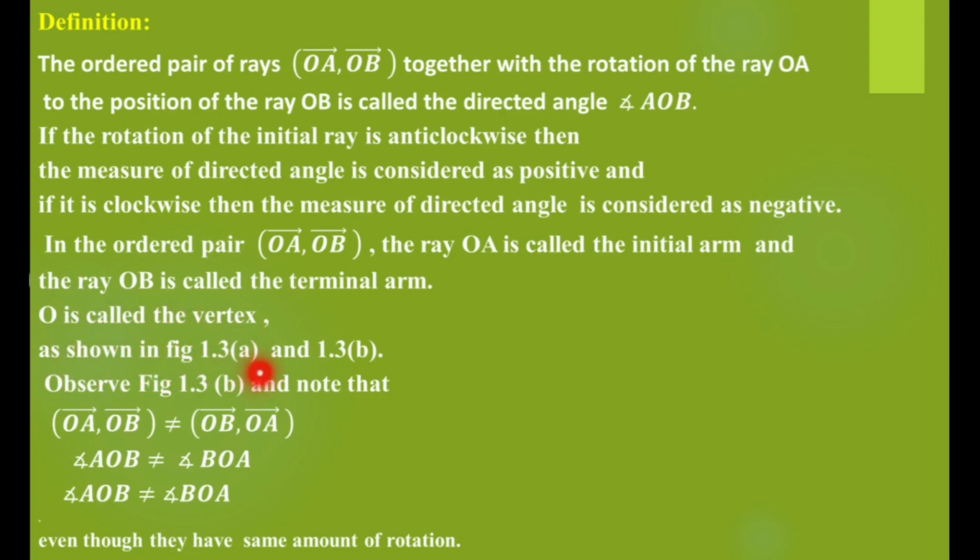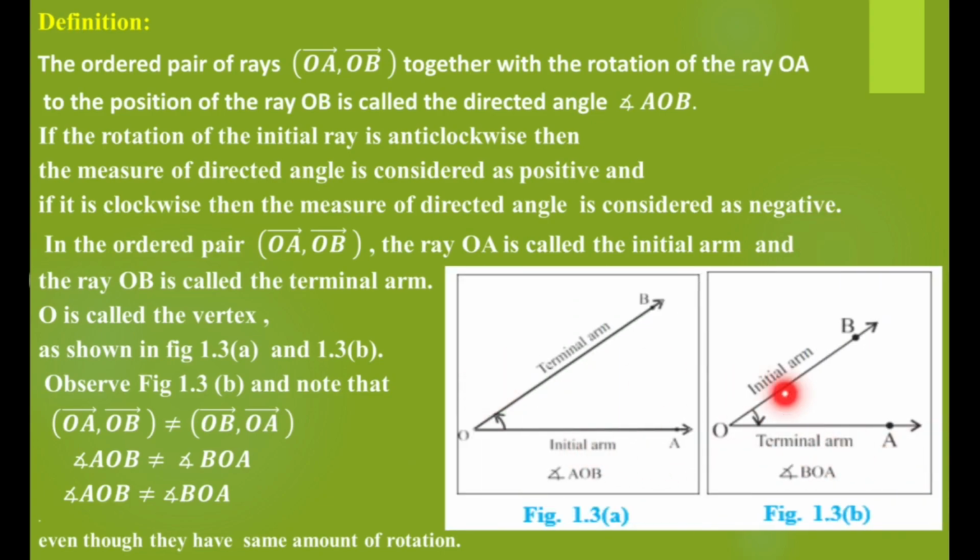As shown in figures 1.3a and 1.3b, observe the figure and note that (OA, OB) is not equal to (OB, OA). Here OA is the initial arm and OB is the terminal arm, but there OB is the initial arm and OA is the terminal arm. See these two figures. When we consider OA as the initial arm and OB as the terminal arm, we have to measure anti-clockwise.